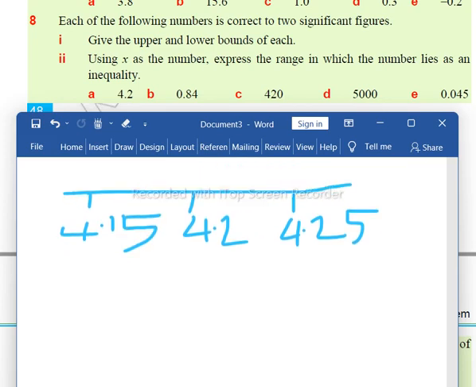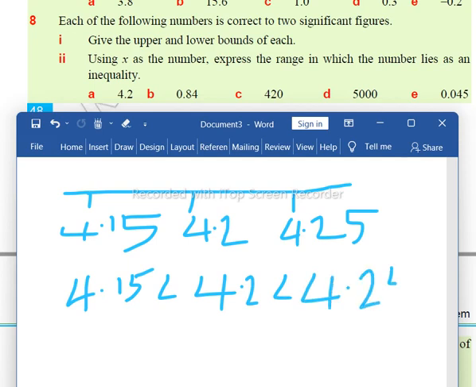When we put this on the number line, we can write it in the form of an inequality: 4.15 less than 4.2 less than 4.25. So this is the answer for letter A.